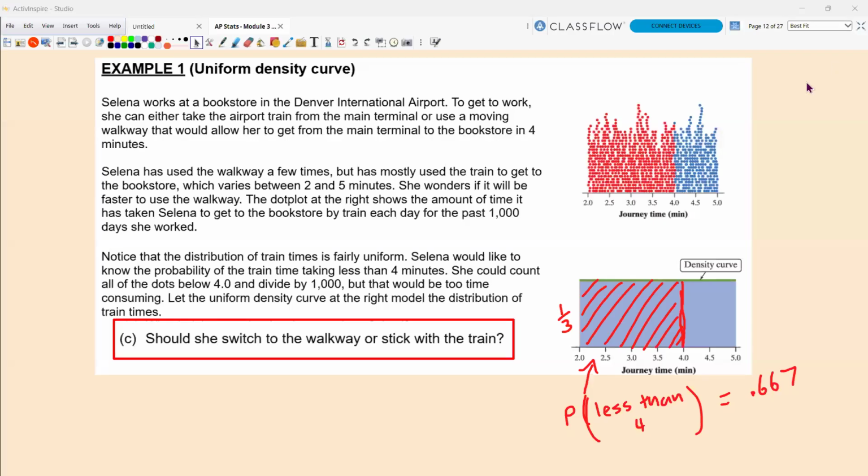So now comes the question, should she switch to the walkway or stick with the train? I suppose that's really a personal decision, but if I'm looking just at the numbers and not any other variables, I would say, because she's two-thirds likely to have a time that's less than 4 minutes, and we know that the walkway is going to be 4 minutes regardless, you're guaranteed 4 minutes, but with the train you have a two-thirds shot of being less than 4 minutes.